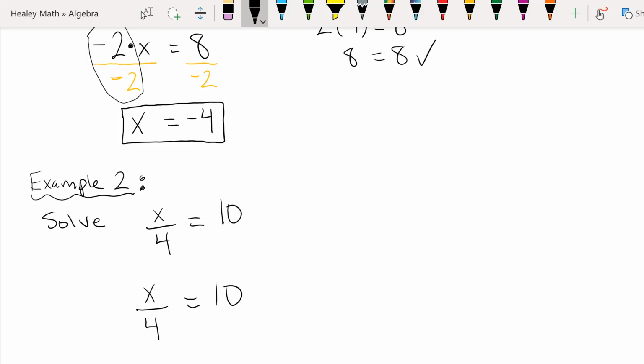So remember, our goal is to get x by itself, so we must use opposite operations. The opposite of dividing by 4 is multiplying by 4. So if I multiply this side by 4, we must multiply both sides by 4.